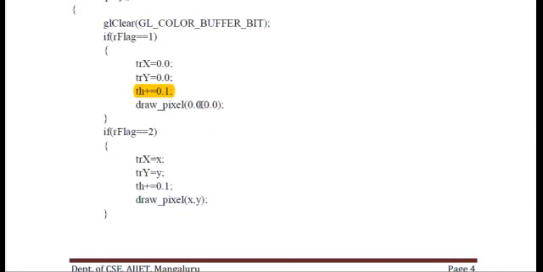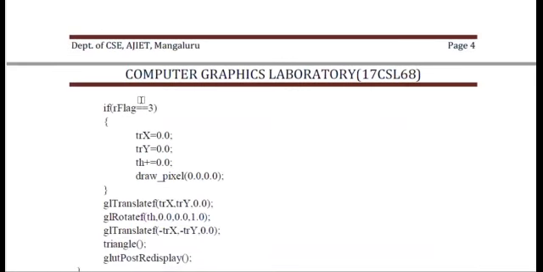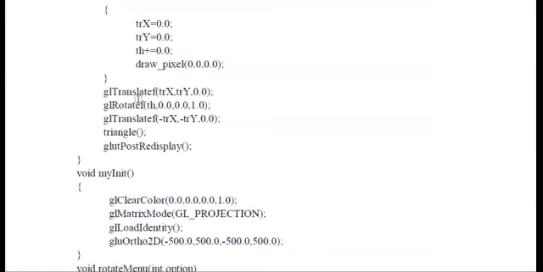Then you are going to draw the pixel at the origin, that is 0, 0. Okay. Now after checking this condition, if that is true, then next it comes to these three operations where your translate, rotate, and negative translation will take place. As we all know, there will not be any translation if rotating around the origin. So already this x and y value has been set to 0.